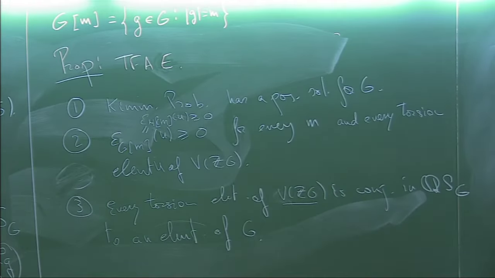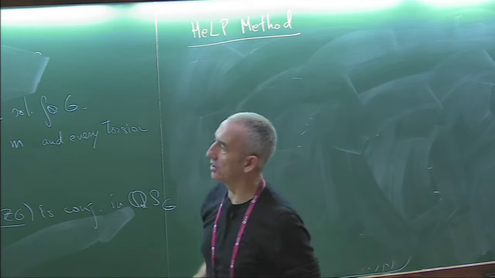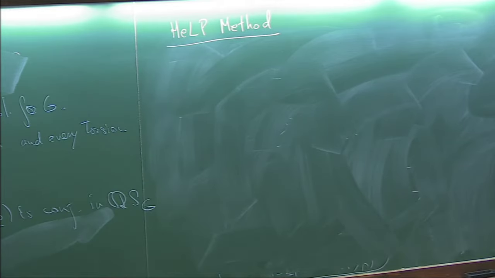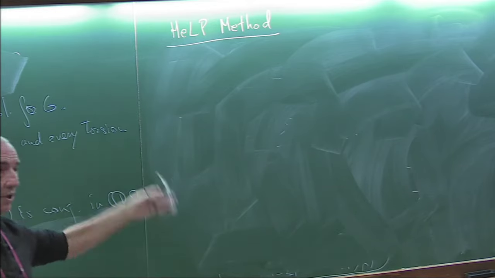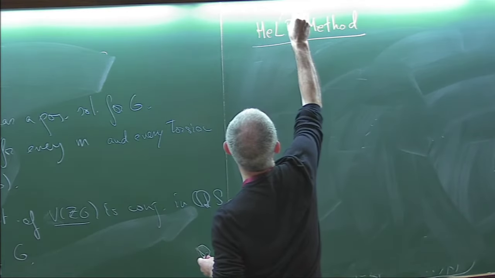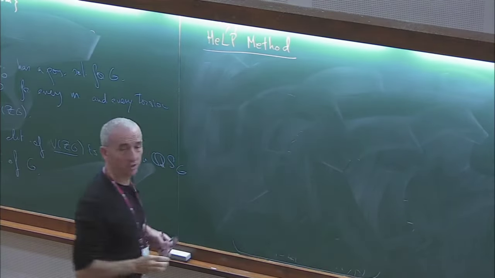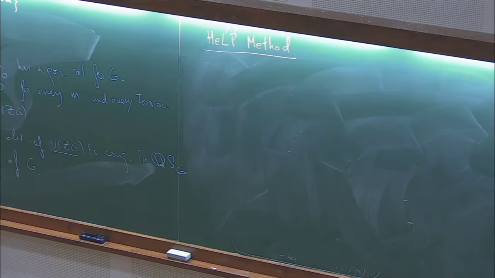But what I'm going to explain in the rest of my talk is what is called the HeLP method. This is a method to verify if this holds for all the possible units. The name comes from Luthar and Passi, who introduced it to prove the Zassenhaus conjecture for the alternating group on 5 symbols.